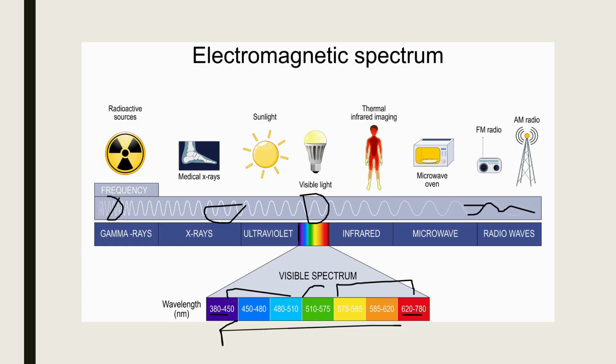The actual pigment molecule responsible for harnessing sunlight does not absorb the wavelength in between 510 and 575, also known as the color green. And interestingly enough, that is the only color not absorbed by our pigment molecule chlorophyll.